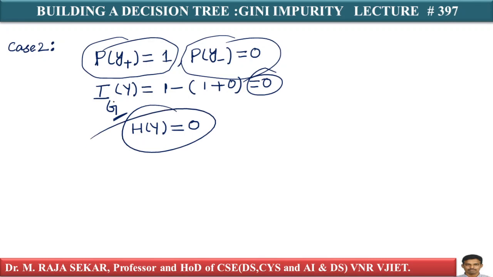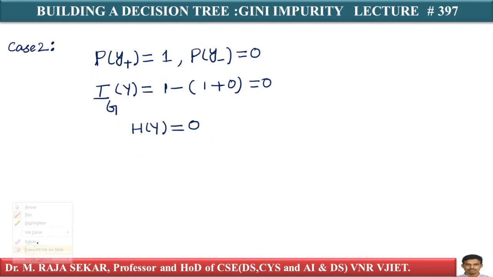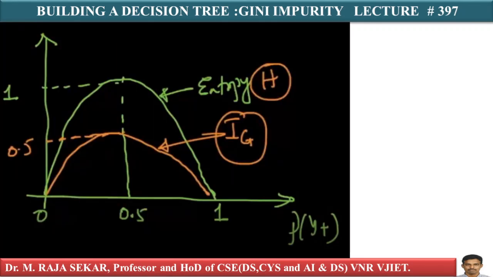Let's assume you have two categories, y plus and y minus, such that probability of y plus is equal to 1 minus probability of y minus. How does my entropy look? Entropy looks like this. Let's plot this one. My entropy has maximum value 1 corresponding to the probability of 0.5.